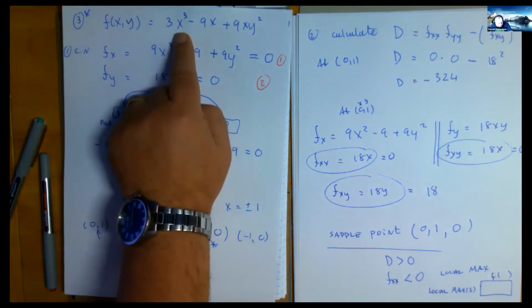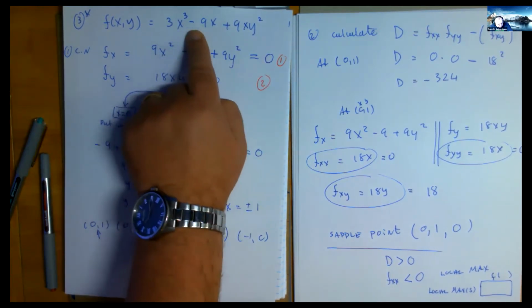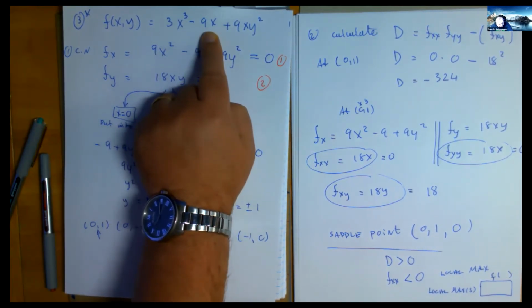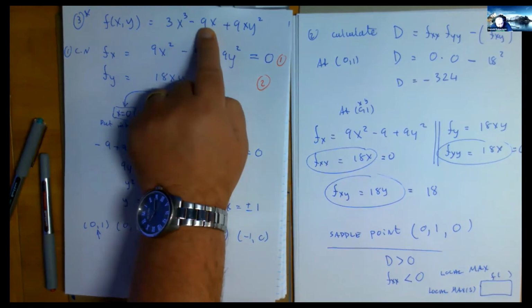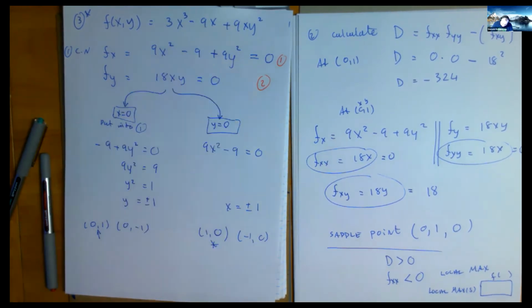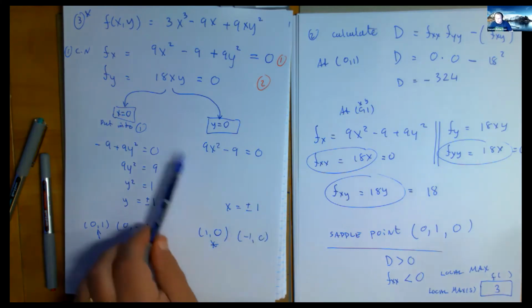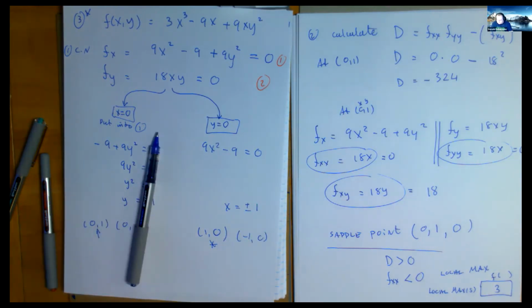At 1, 0, the answer is 3. So you just put in the z coordinate, right? The f(x,y) value. So it's not that you're not getting the answer right, but just so you're clear in your brain what you're being expected to do, how you write the answer into WebAssign.